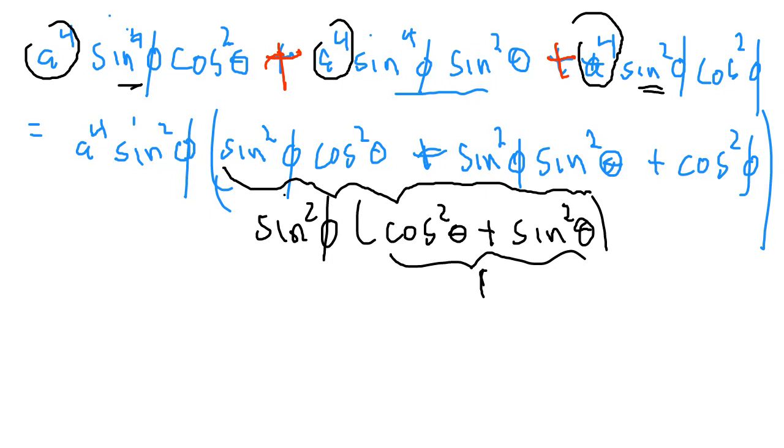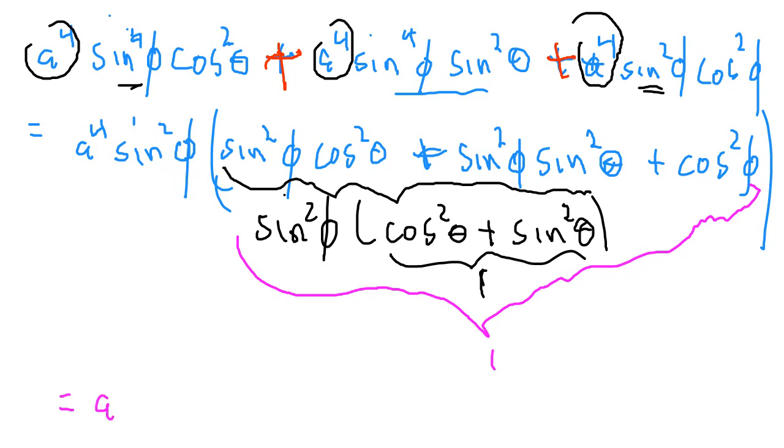But now what we have here is just sine squared of phi times 1 plus cosine squared of phi. That equals 1. And so you end up getting a to the fourth times the sine squared of phi.